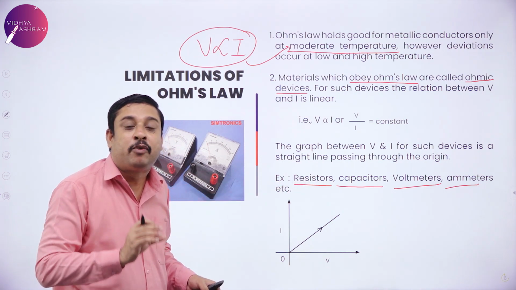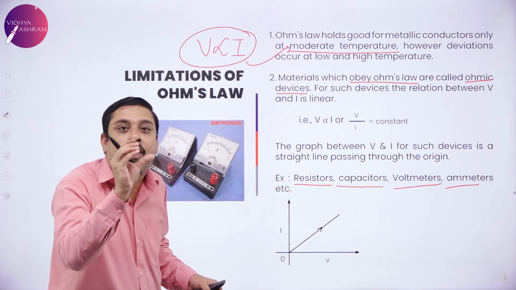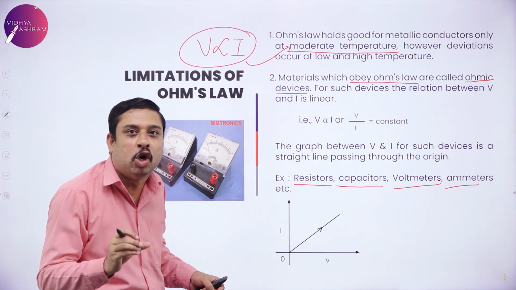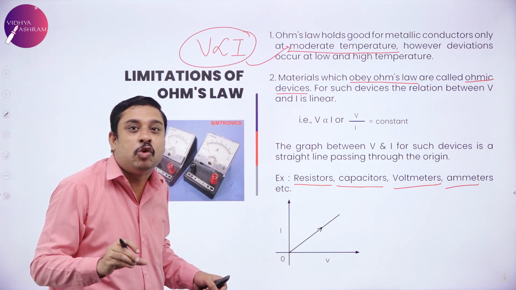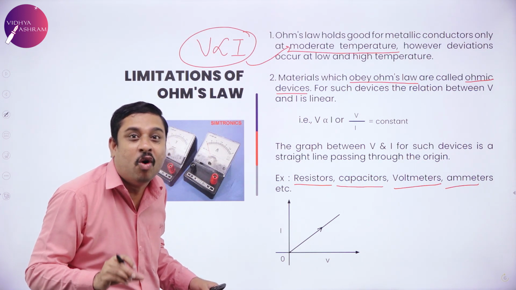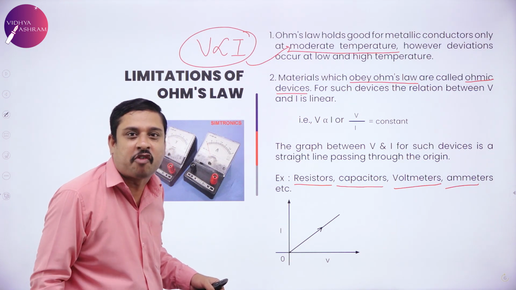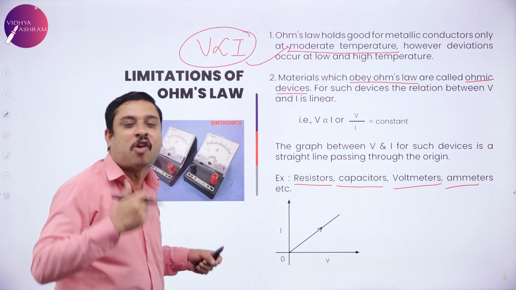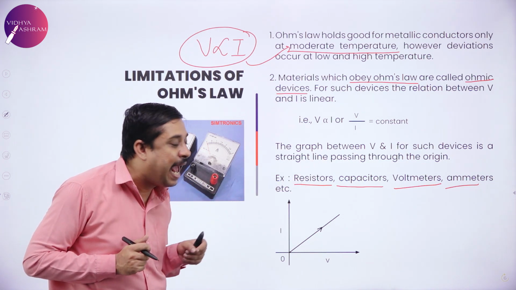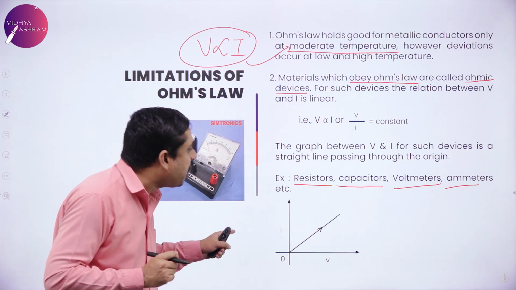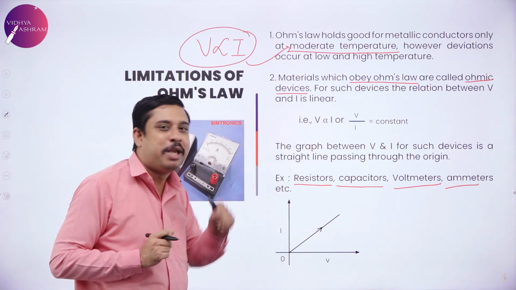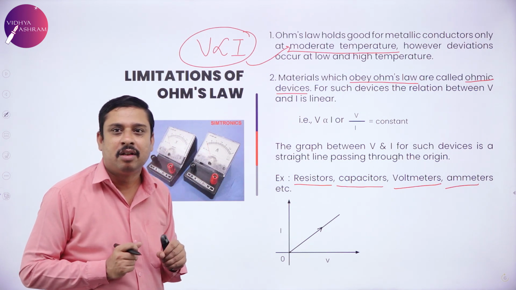Ammeter will measure the amount of current in a circuit. Many a times we get confused and say galvanometer measures current. No, it detects the presence of current, whereas an ammeter measures the strength of the current. And they are all treated to be ohmic devices.